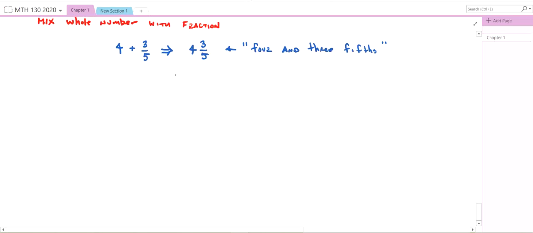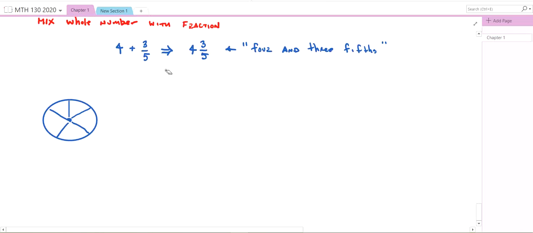Okay, so what does this represent? Well, think of this in terms of pizza. Say we have a pizza here that's cut into 5 slices.